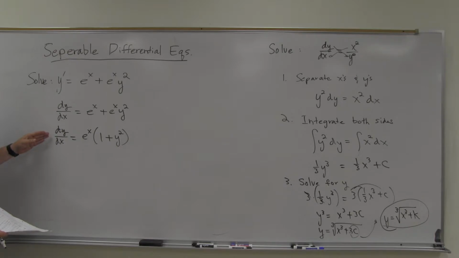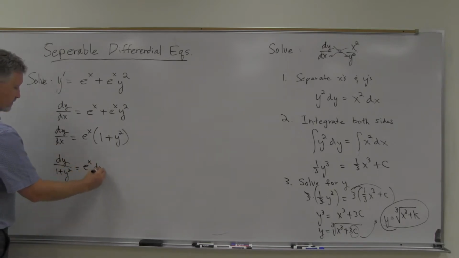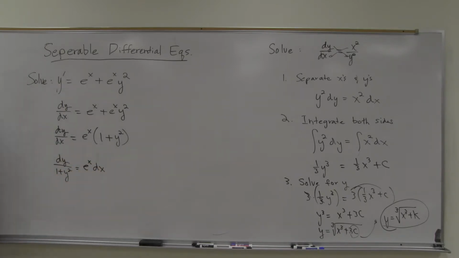Divide by the 1 plus y squared and multiply by the dx. We get dy over 1 plus y squared equals e to the x dx. I didn't show what I did, but you see what I did there.